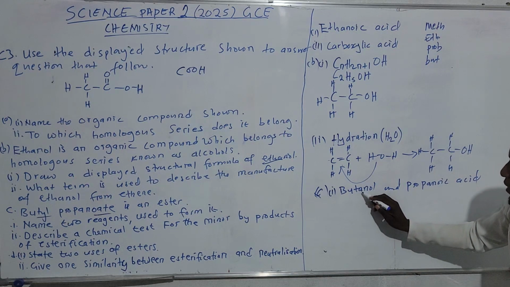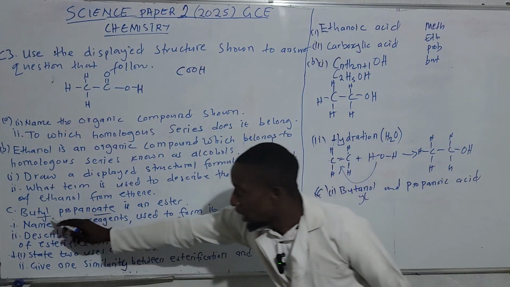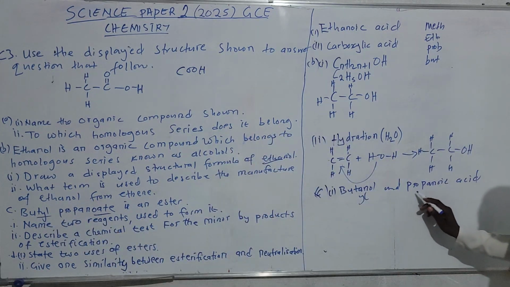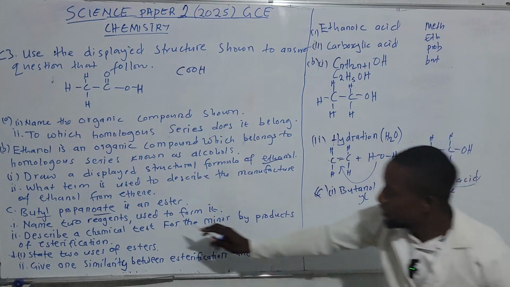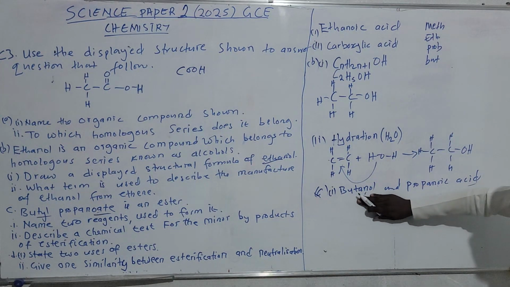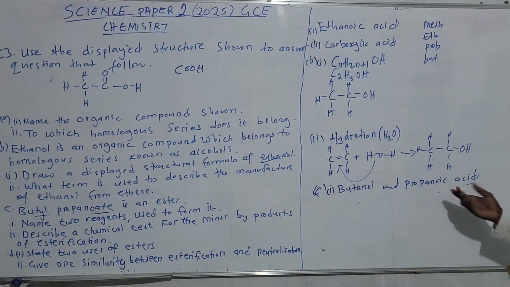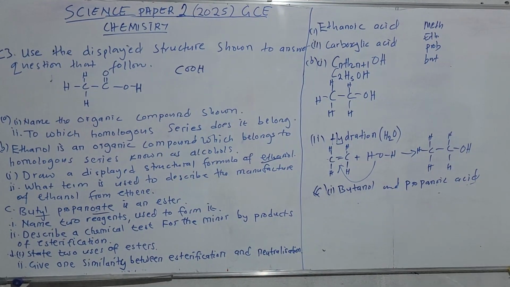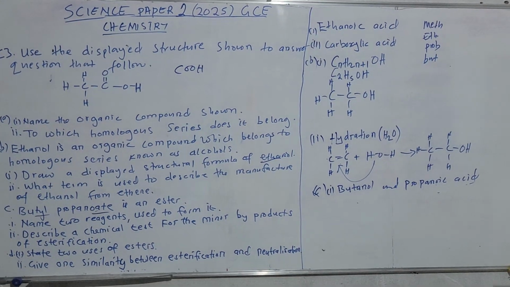From butanol you remove the ano and add yl to make butyl, and from propanoic acid you remove the oic acid and add oate, making propanoate. That is how we name the ester, with the alcohol part and the acid part. These are the two reagents used to form an ester.